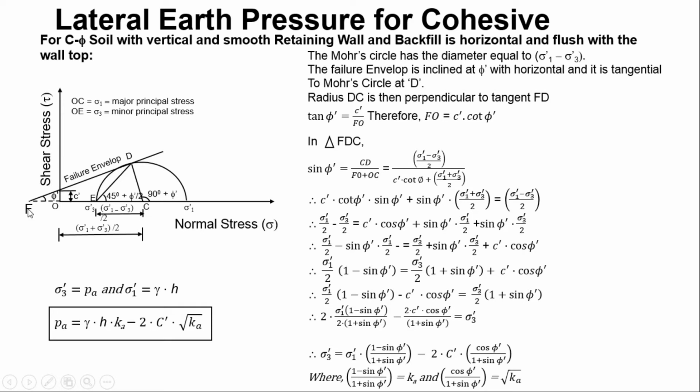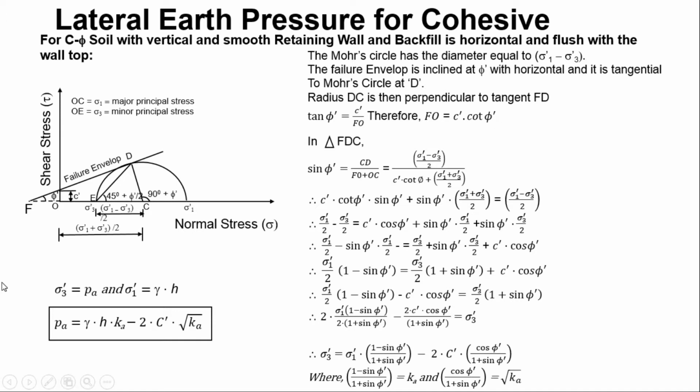Therefore, in triangle FDC, angle FDC is a right angle. Then if we consider this smaller triangle, what is tan phi? Tan phi will be equal to c dash upon FO. Therefore, FO is equal to c dash divided by tan phi, that is, c dash into cot phi.